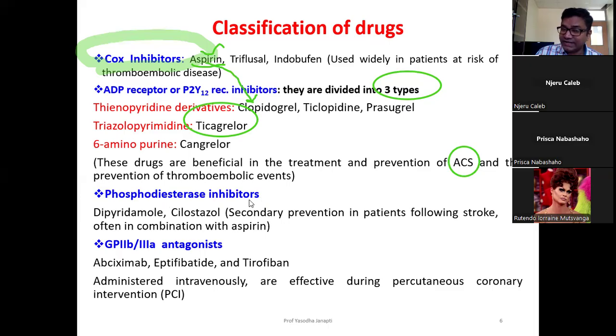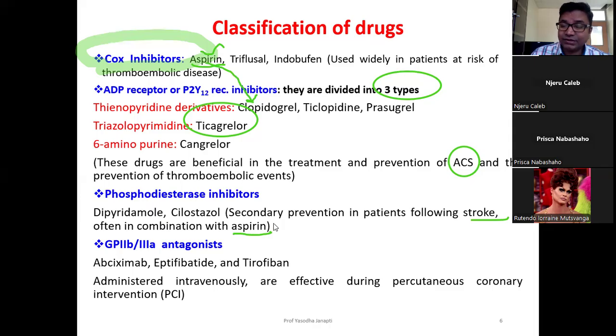Then phosphodiesterase inhibitors, dipyridamole or cilostazol. These are used in prevention of stroke and following stroke. Dipyridamole or cilostazol is usually combined with aspirin.